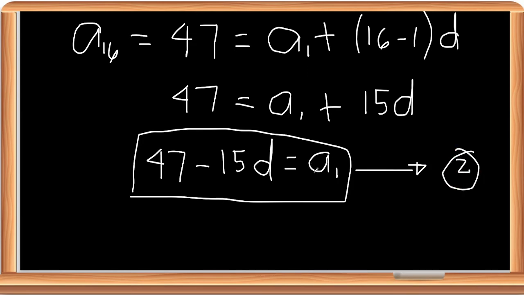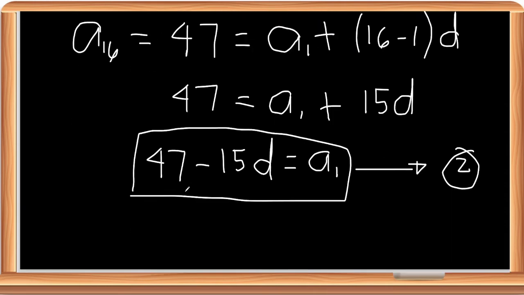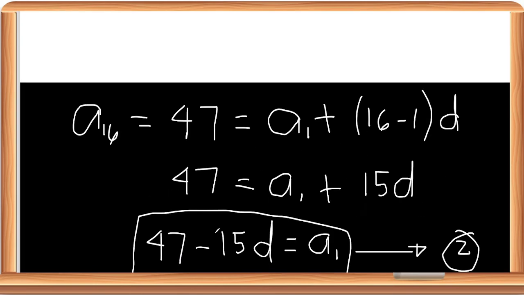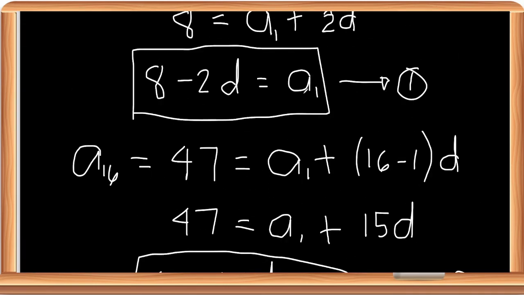Now, since a sub 1 is equal also to a sub 1, we're pertaining to the same a sub 1. Therefore, we can say that equation number 1 would be equal to equation number 2. Okay, so gawin natin. Since we know that a sub 1, here in the first equation, a sub 1 is equal to 8 minus 2d. This is equation number 1.